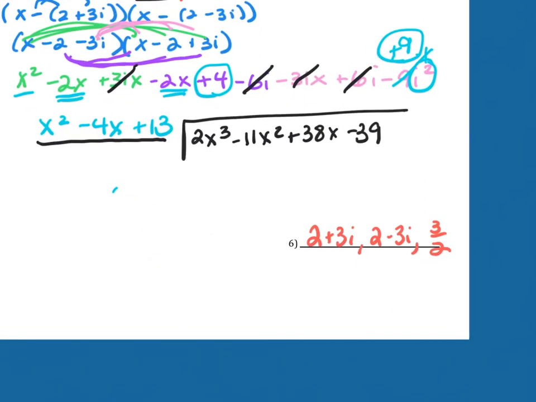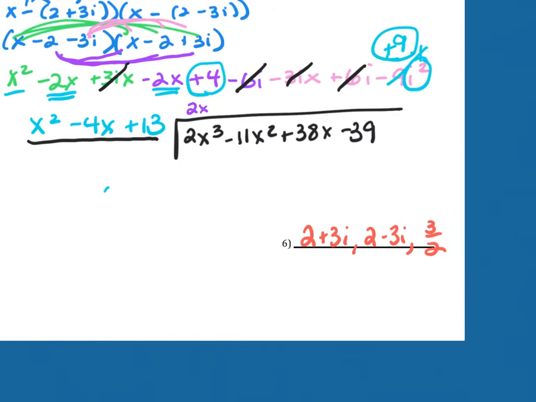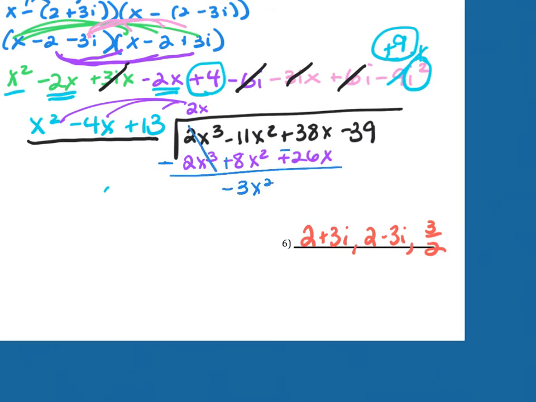So I'd have to multiply x squared by 2x. I'm going to multiply it times all three: 2x to the third minus 8x squared plus 26x. Change my signs. Cancels. Negative 3x squared plus 12x minus 39.